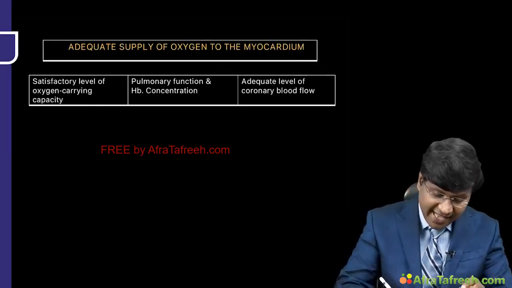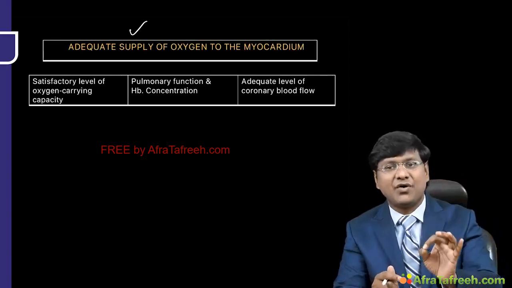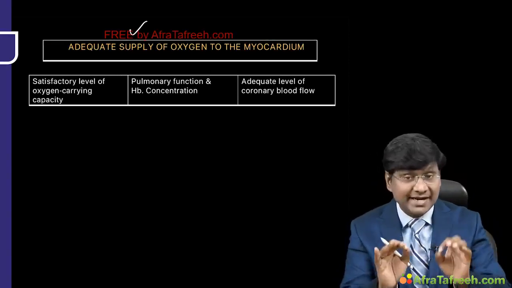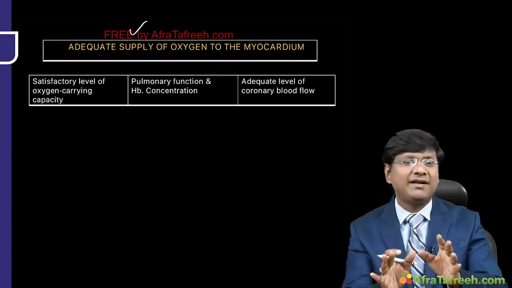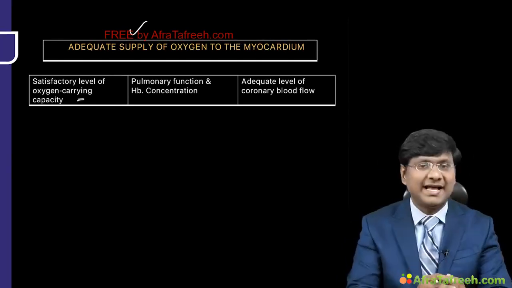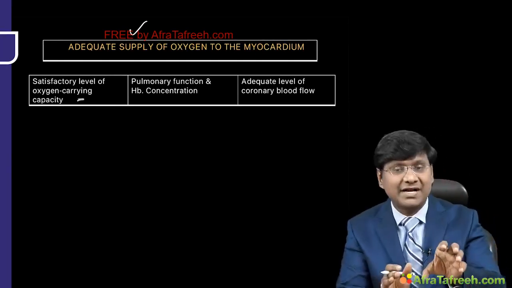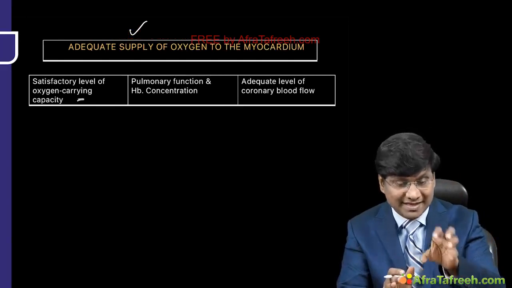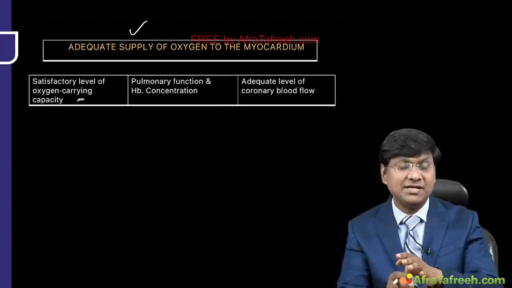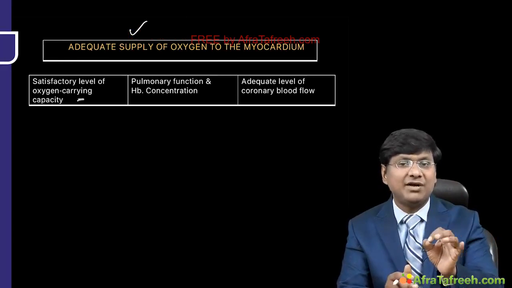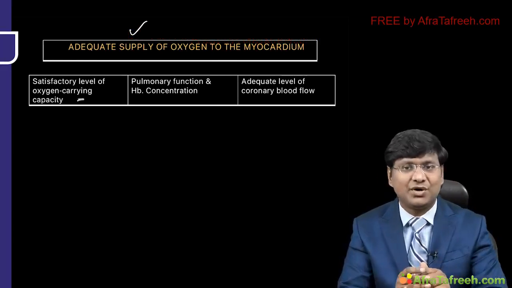Now, an adequate supply of oxygen to the myocardium requires a satisfactory level of oxygen carrying capacity. If the cardiac myocytes have to receive an adequate amount of oxygen, there should be a satisfactory level of the oxygen carrying capacity of the blood.